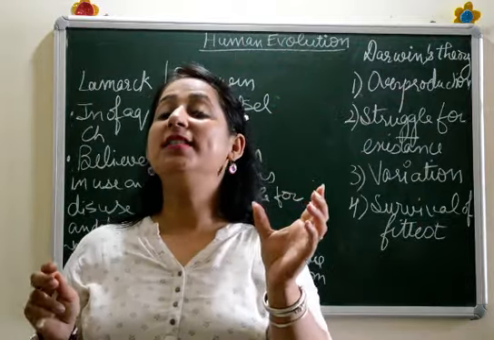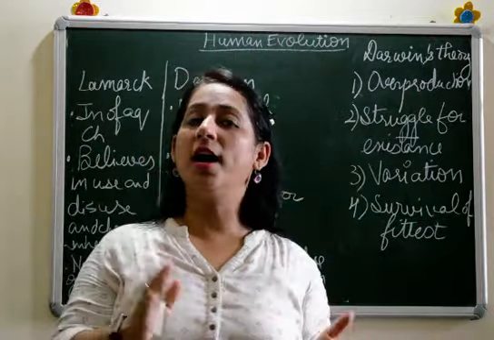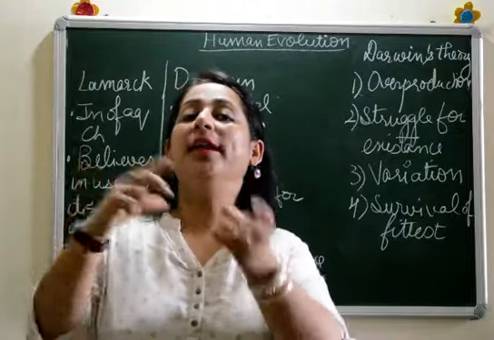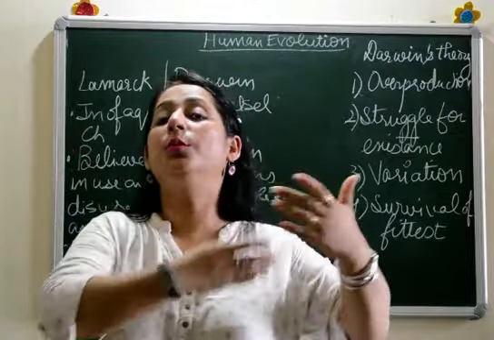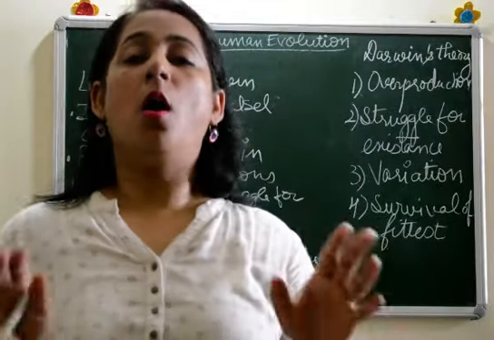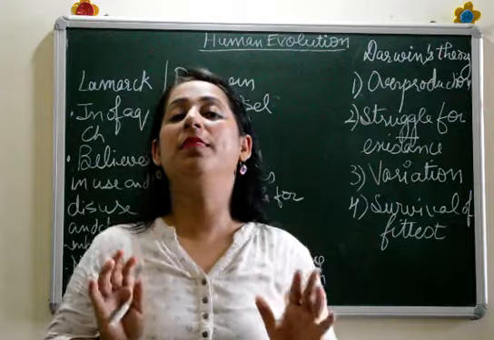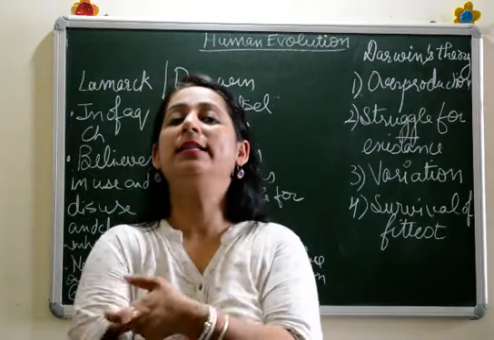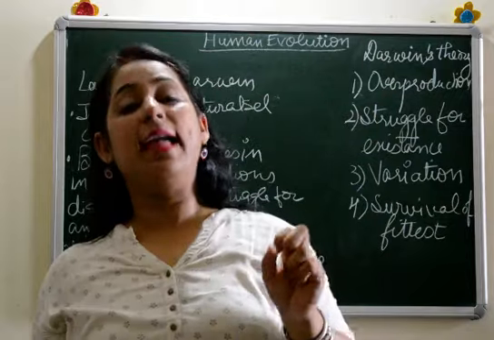The variations started adding on, and finally the evolved new character in an individual made the individual survive in the environment. This was all about the two theories given to explain evolution.